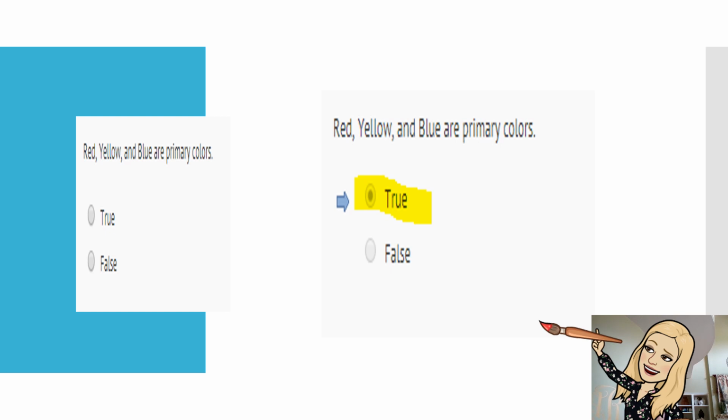So just in case you need a refresher on the primary colors, I have put a video. It's a stop action photography video on my YouTube site, and I love it. So if you want to go and watch that, go ahead. It goes in through the primary colors, goes through the secondary colors, and how to mix them. It's really fun. I actually got it from Sesame Street, but watch it. You'll enjoy it. Okay.